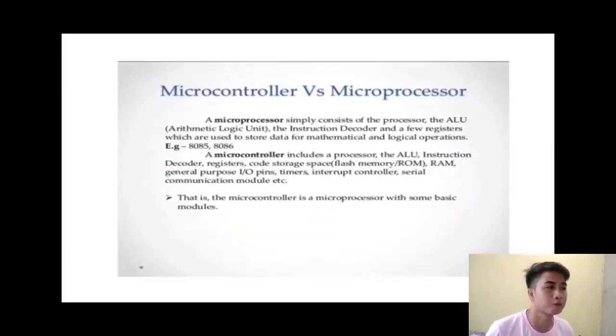Microcontroller versus microprocessor. A microprocessor simply consists of the processor, the ALU or arithmetic logic unit, the instruction decoder, and a few registers which are used to store data for mathematical and logical operations.